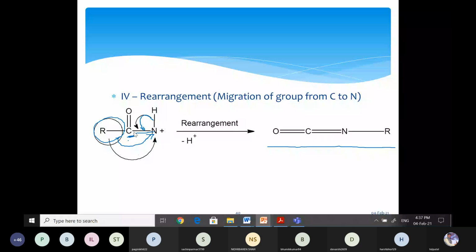Now this isocyanate reacts with water. Where does water come from? For ionization of sulfuric acid we require aqueous media, because in the absence of aqueous media ionization does not take place.